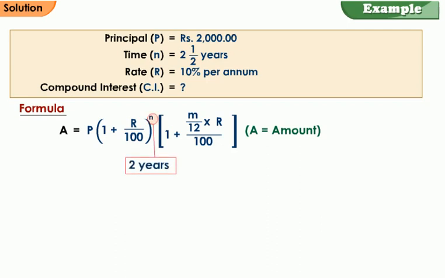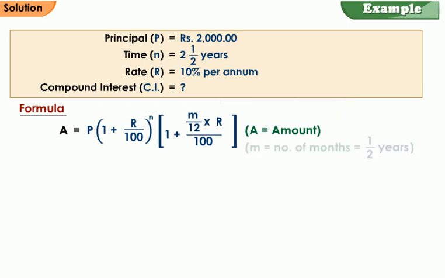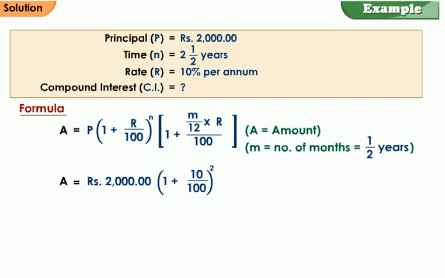Therefore, now let us substitute these values in the above relation, and we write A equals rupees 2000 into (1 plus 10 divided by 100) whole square into (1 plus 1 by 2 into 10 divided by 100).